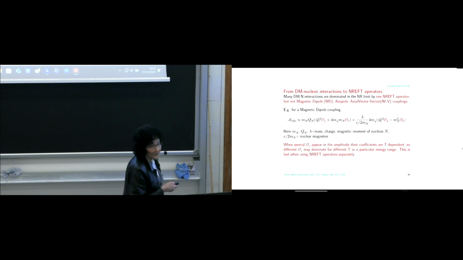So some of these interactions that you can write as Lorentz invariant interactions go to just one of those. If you choose one or the other, they differ by a constant at most. This happens with many, but there are others that don't. And if you consider them only separately, you are neglecting interference terms.